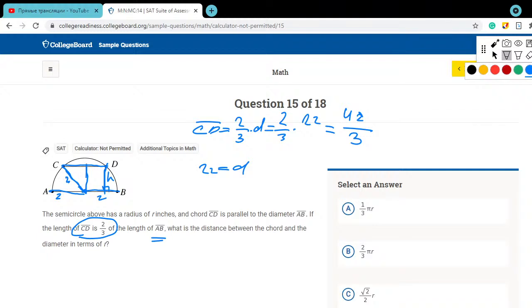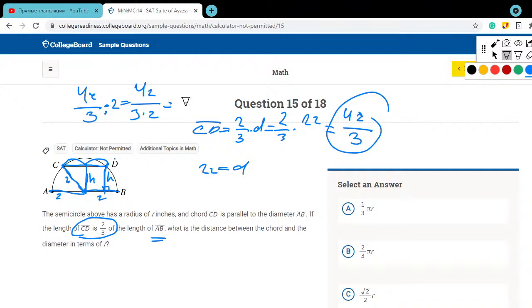These parts are equal, so this part would be half of this: 4r divided by 3, divided by 2, gives 2r over 3. So this is 2r by 3, this is r, and this is h.